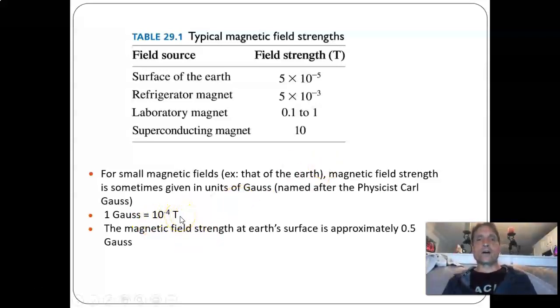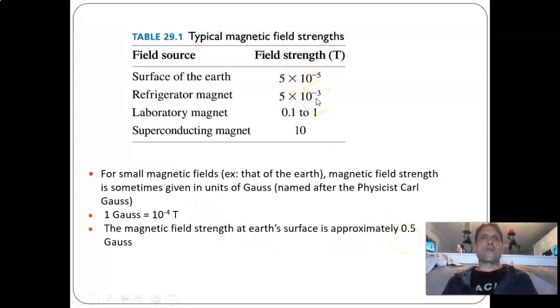We're not going to use Gauss too much, but you might see these sometimes when you're out working. 1 Gauss is 10 to the negative 4 Tesla, and so the Earth's magnetic field strength in units of Gauss is about 0.5 Gauss. So that's a small field.